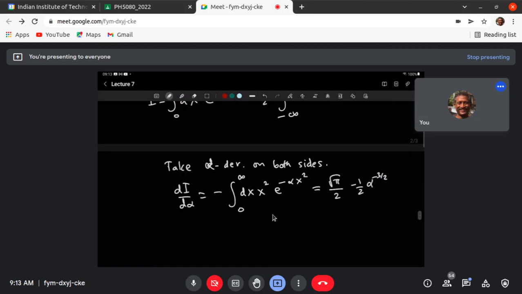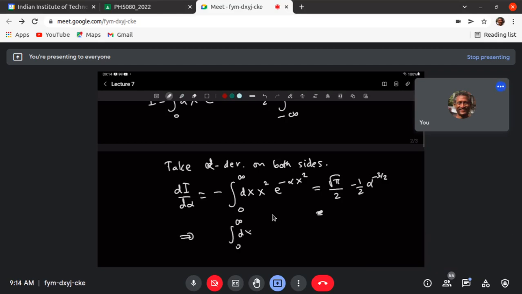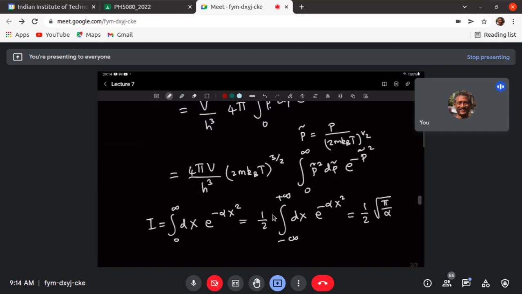Setting alpha equal to 1, we get root pi by 4. So this was just a detour. This integration gives root pi by 4.